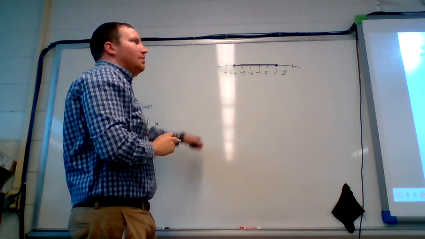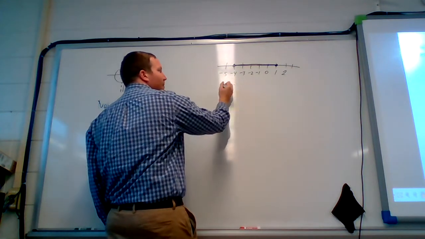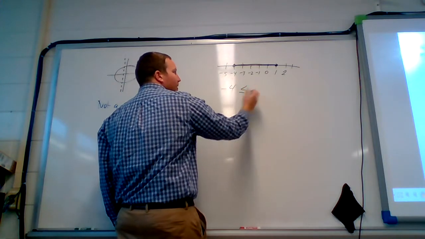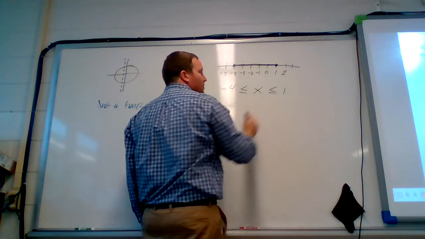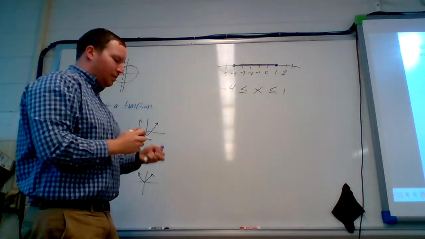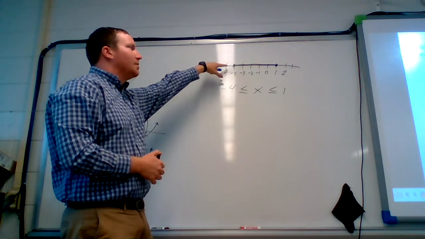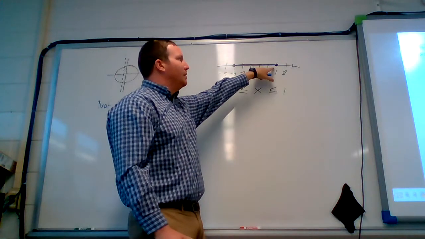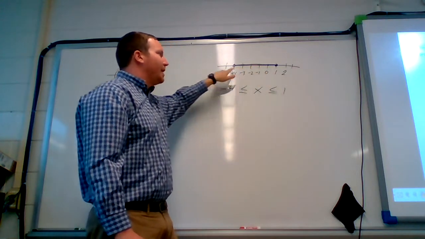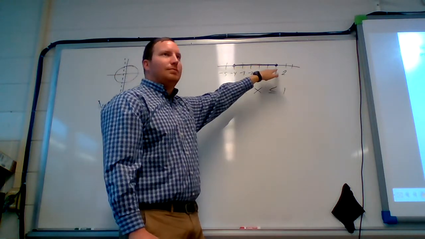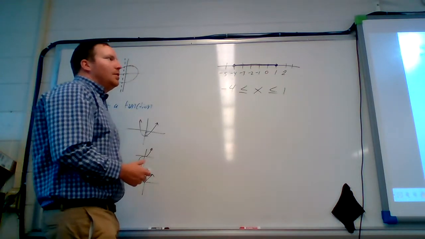So our set or our domain would be from -4 is less than or equal to x is less than or equal to 1. Okay, right? -4 is included. We have a solid circle there. 1 is included. And we have all those values of x for which we can be. Okay? So that's the set of all of our x values.